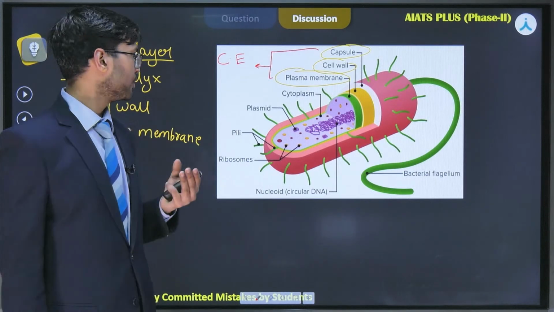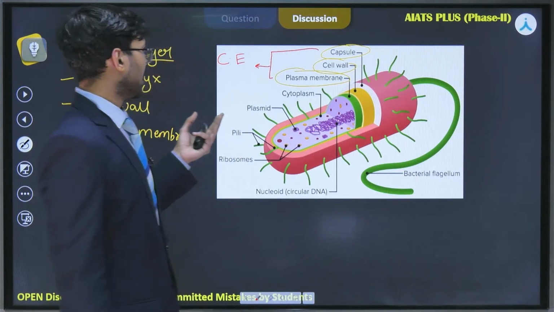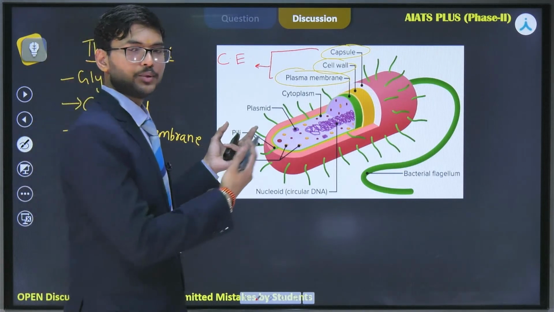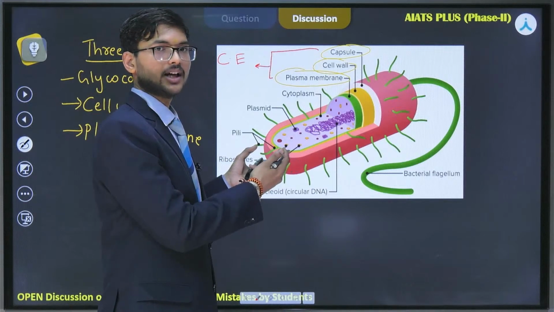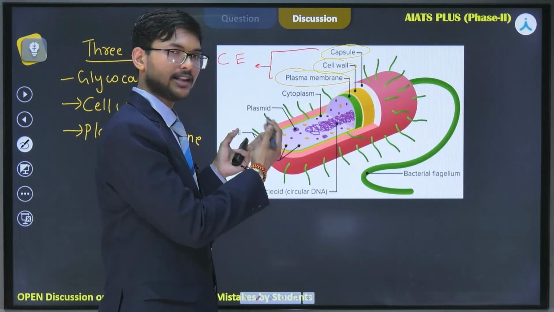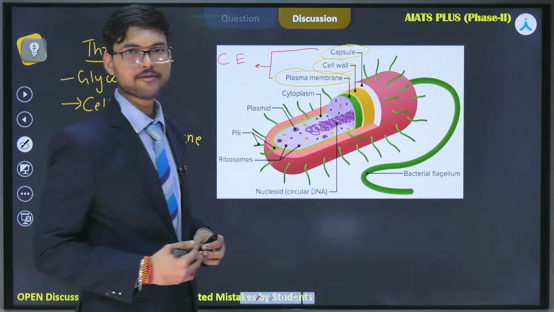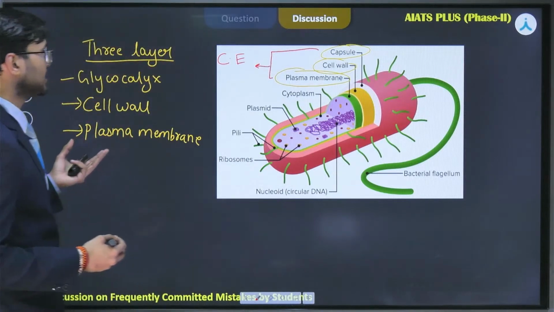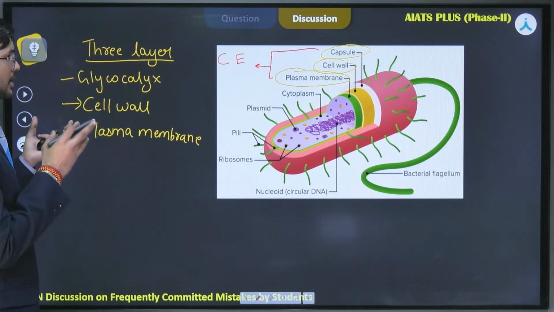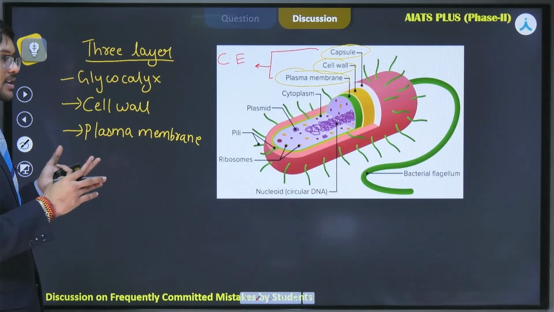So the cell envelope provides identity to the bacteria, whether on the basis of gram staining it is gram positive or gram negative, and it also provides protection against the immune system.